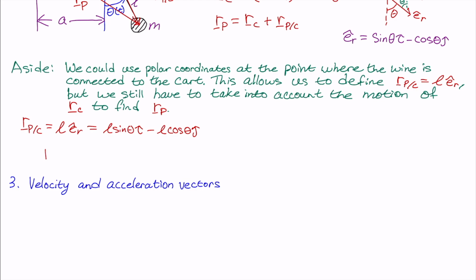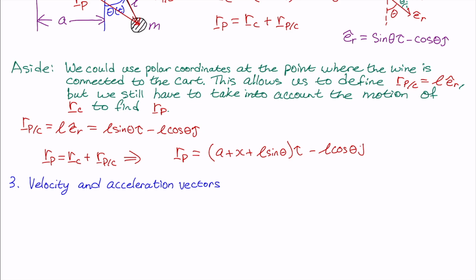Again, just to write it out, Rp is equal to Rc plus Rp slash C. So then we find that the position vector Rp is equal to the quantity A plus x plus L sine theta, all of that in the i direction, minus L cosine theta in the j direction.